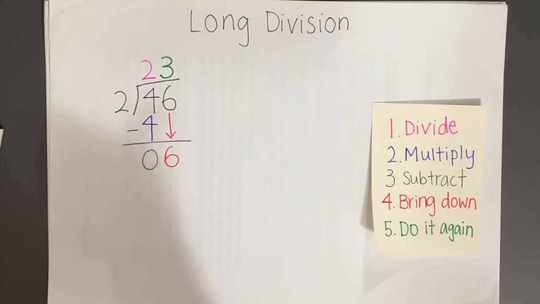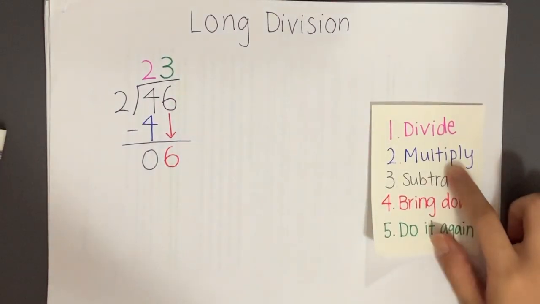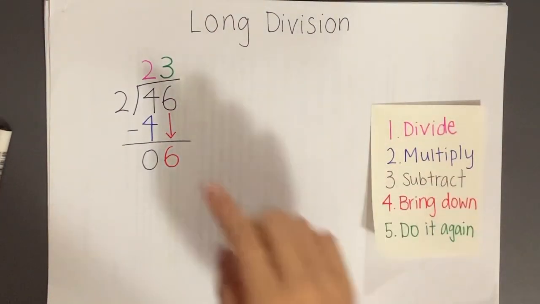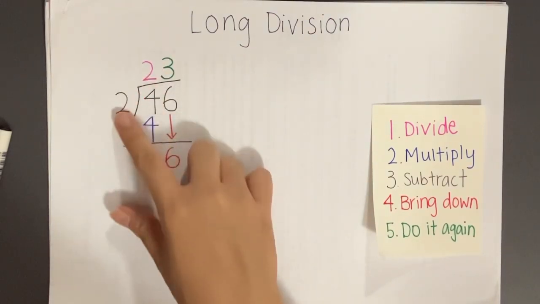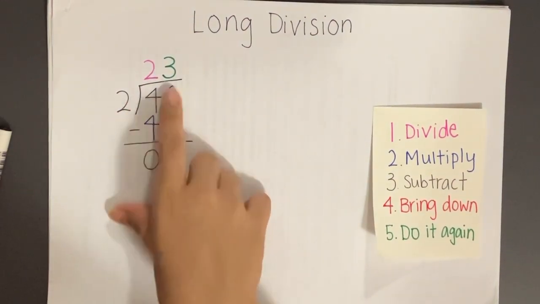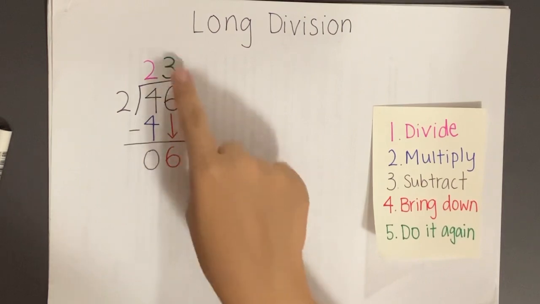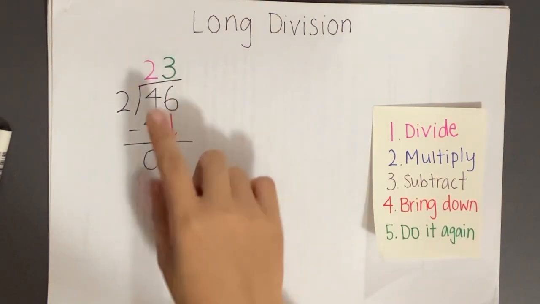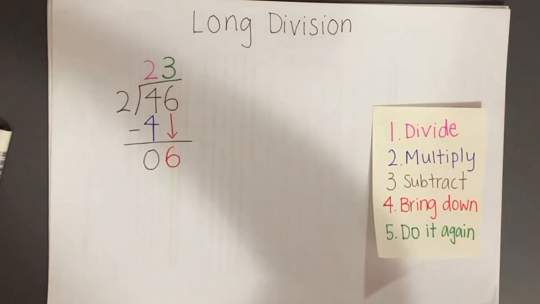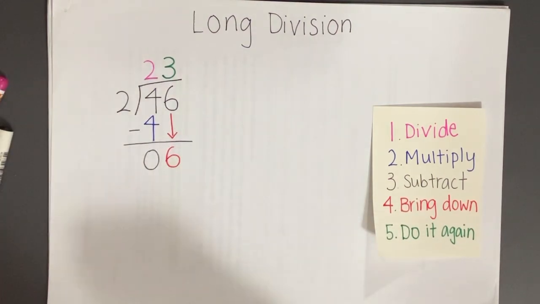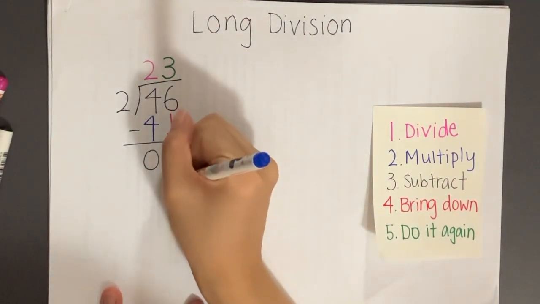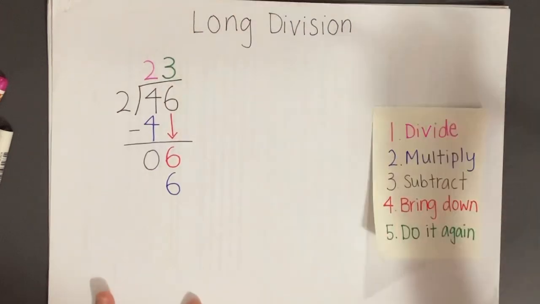I have already divided. Now it's time for me to multiply. Similar to just now, I will multiply the numbers that are outside. So 2, I multiply by 3 because now I'm in my ones column, which gives me 6. So I put my 6 here.